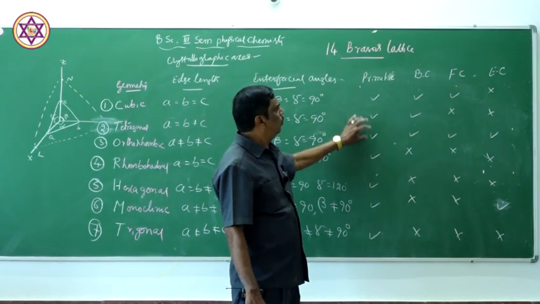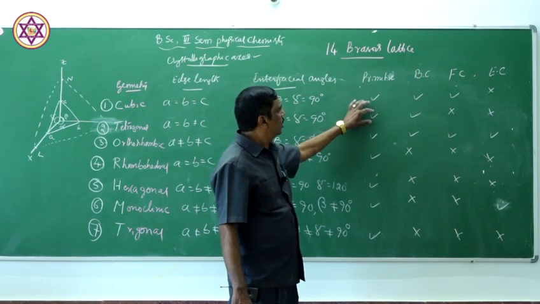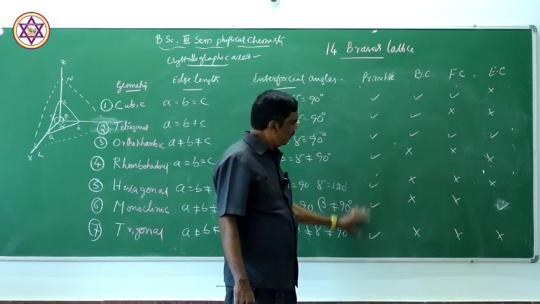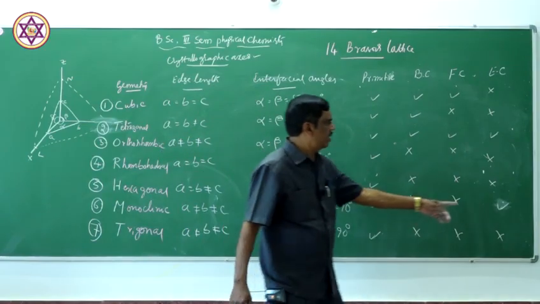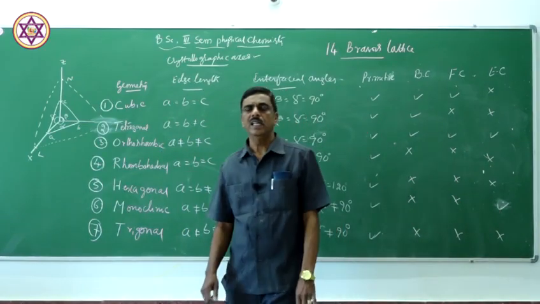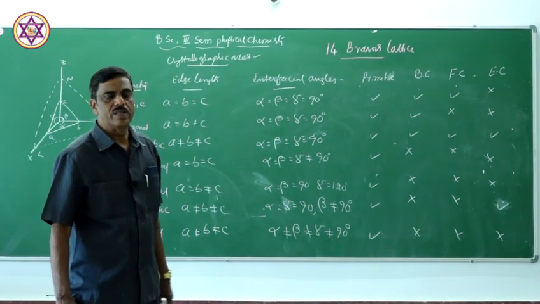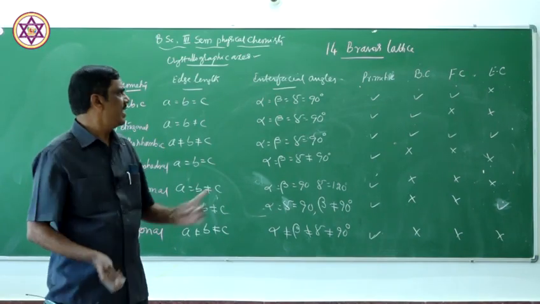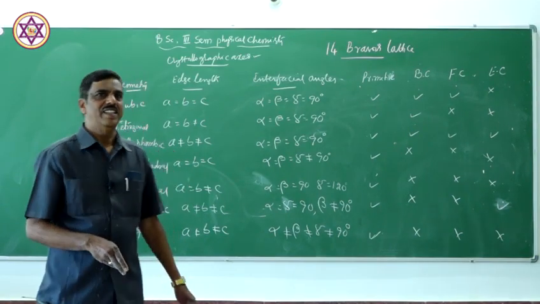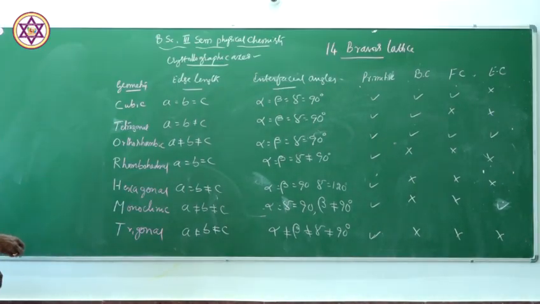There is 3-4, and all of them have a primitive cell except monoclinic, which has an edge centered lattice. So, let us represent these Bravais lattices here. In case of cubic lattice, we can represent it like this.